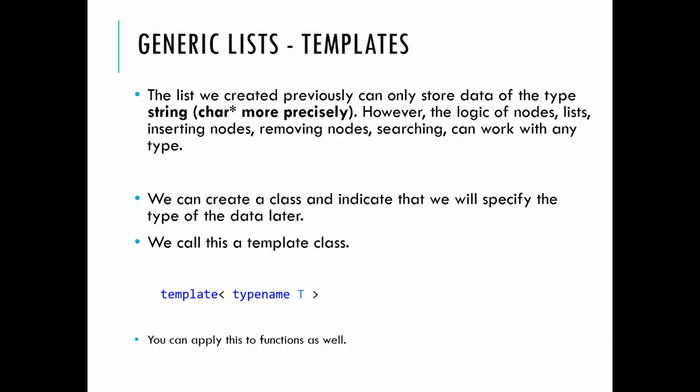Behind the scenes, you don't see this at all, but when I go to compile, the compiler generates these things. The final object code in the final exe has multiple different linked list classes that take in different types of data, and that's completely hidden from you. So we say it's going to take in data type T, and then later on we will make the right class based off of what type of data we used.